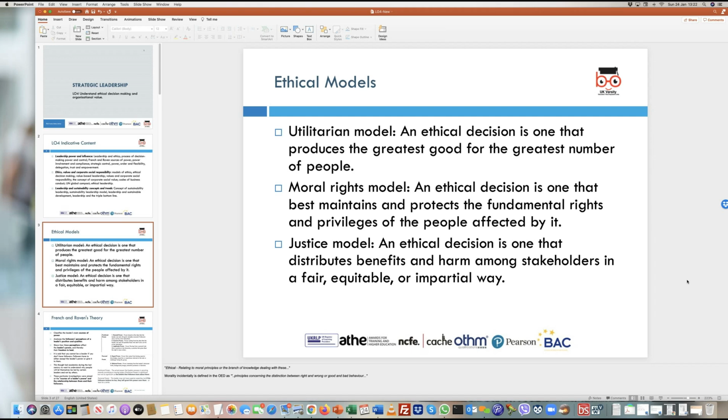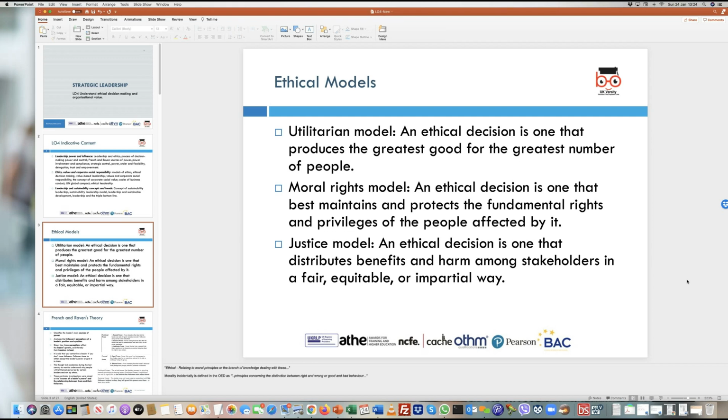The utilitarian model or approach looks at an ethical decision as the one that produces the greater good for the greatest number of people. Sometimes leaders will have to make decisions which are in general beneficial for the organization. They might not encompass 100% of the staff or employees, but sometimes decisions are taken for the greater good of the mass public or the number of employees within the organization.